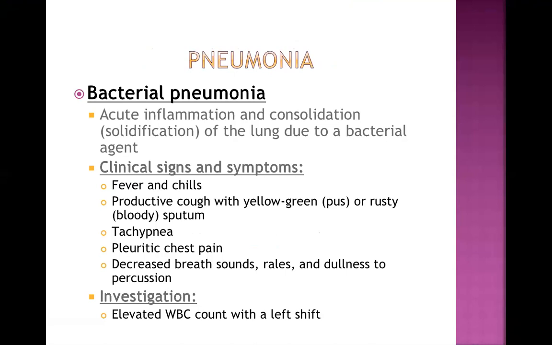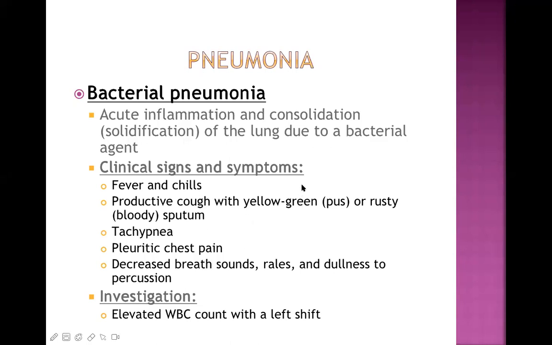Acute inflammation and consolidation. Consolidation means solidification. The lung normally is a spongy organ, not solid. It is filled with air. But after pneumonia, that spongy organ will change into a solid organ. That's why it is known as solidification or consolidation. This is a very important concept.